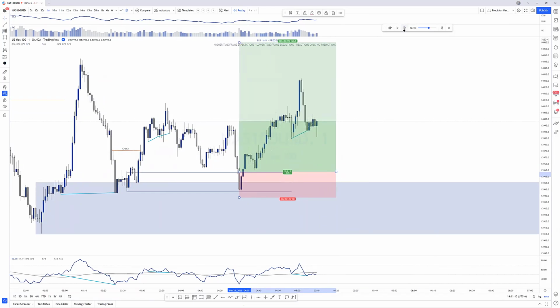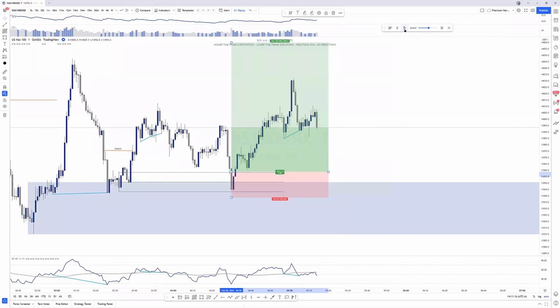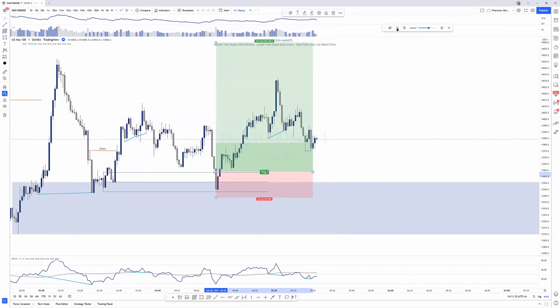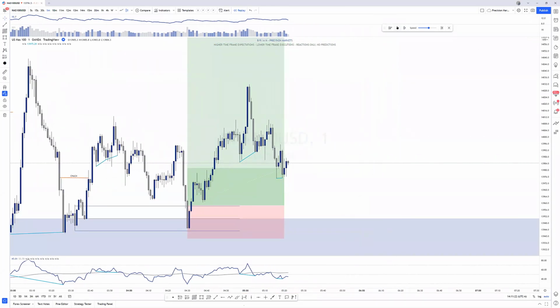Before the New York session, it still has relatively good volume, but it really picks up at our time frame, about 8:30 when the market opens in my CST time. That's somewhere around 2:30, 3:30 UTC. That's where we start seeing the market really move. There's a big jump in volume. Keeping that in mind, that's what I expect to see for the market.